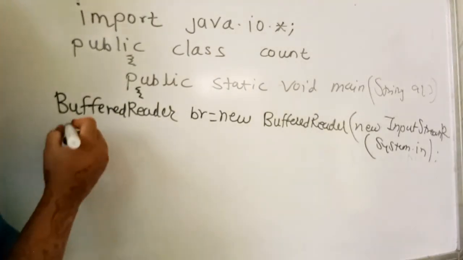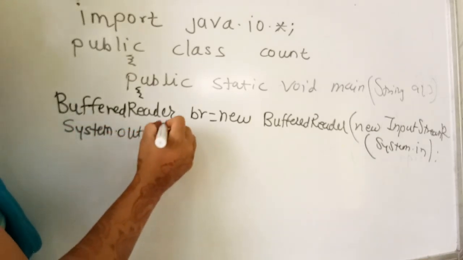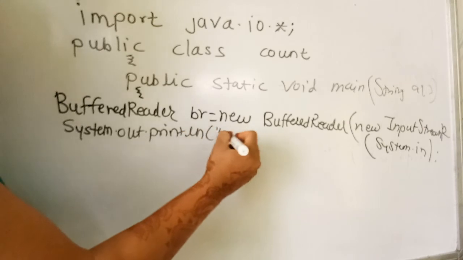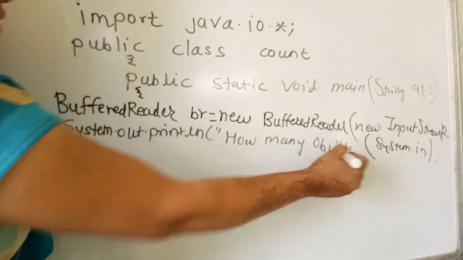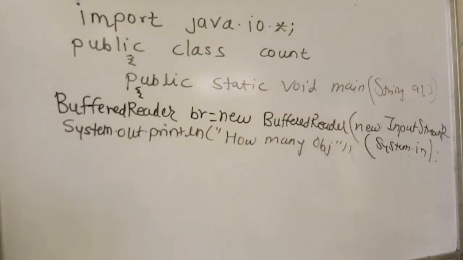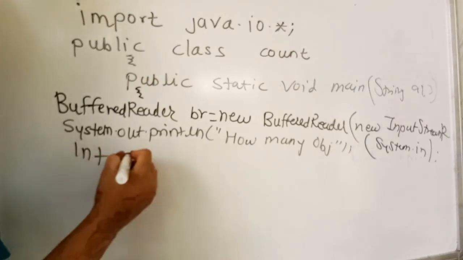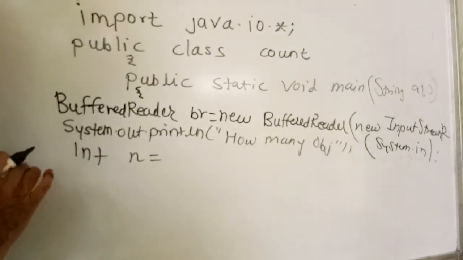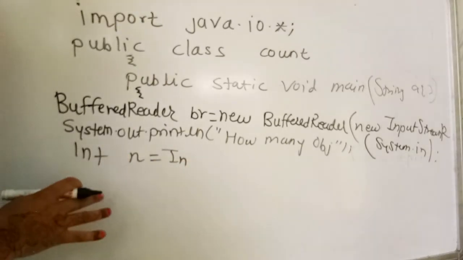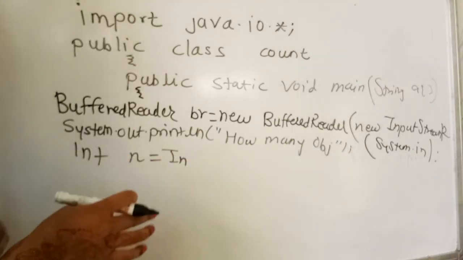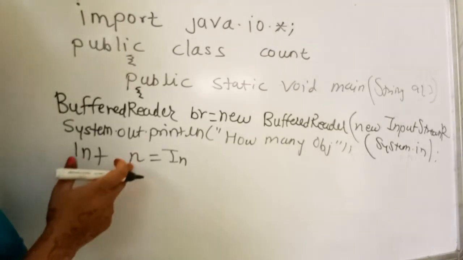So we will display a message like System.out.println("How many objects"). Okay. Now we will take the input through br, but with a different mechanism: we create one variable of integer type. Then we have to use typecasting here, because in Java everything is accepted in the form of a string, and it may happen that instead of a number, a letter is entered.